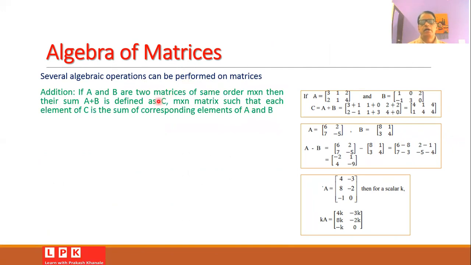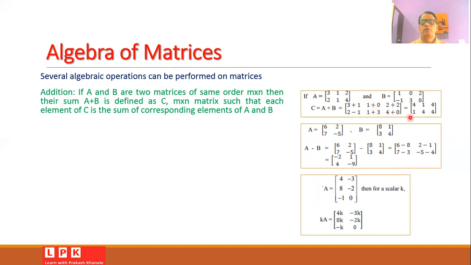The first operation is called addition. If two matrices A and B are of the same order m by n, then their addition A plus B is the matrix C, of order m by n, in such a way that each element of C is the sum of the corresponding elements of A and B. For example, if A is equal to 3 1 2, 2 1 4, and B is equal to 1 0 2, minus 1 3 0 4, then we can obtain C, which is the addition of A and B, where we add each element of A to the corresponding element of B. That is 3 plus 1, 1 plus 0, 2 plus 2, then 2 minus 1, 1 plus 3, and 4 plus 0.